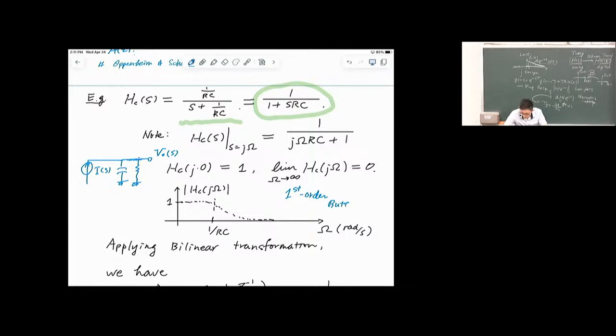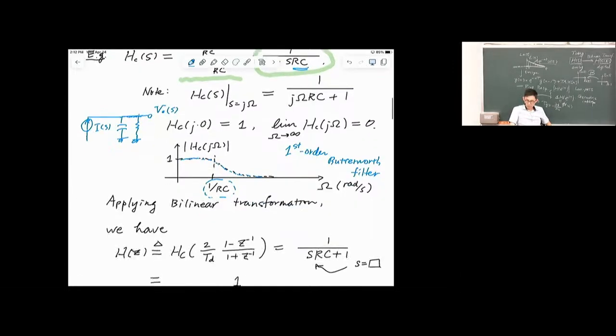Just by chance, it turns out to be a first order Butterworth filter with a cutoff frequency at 1 over RC, with RC showing up right there, and the magnitude response is a monotonic function of the frequency.